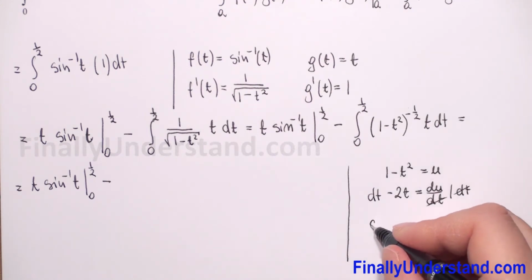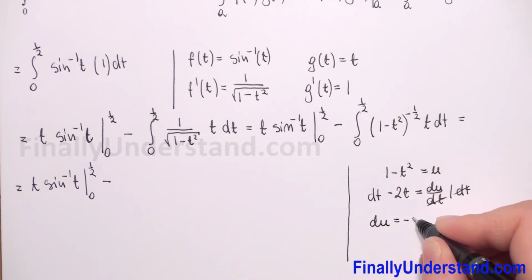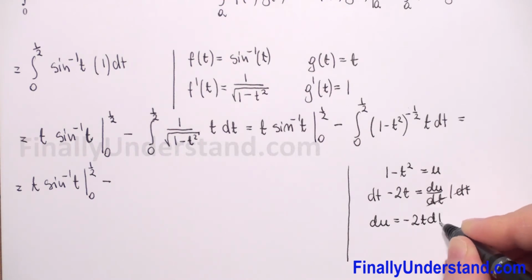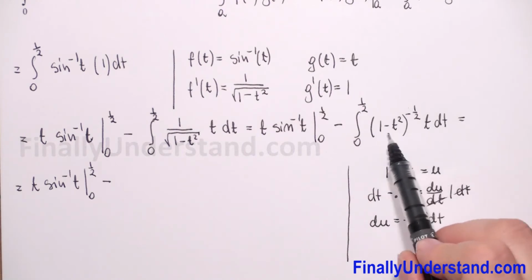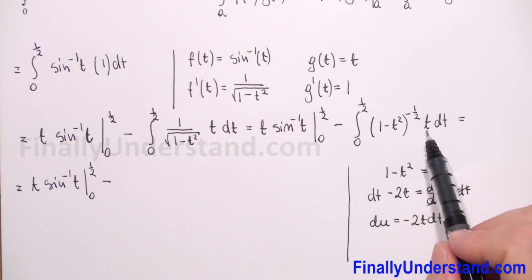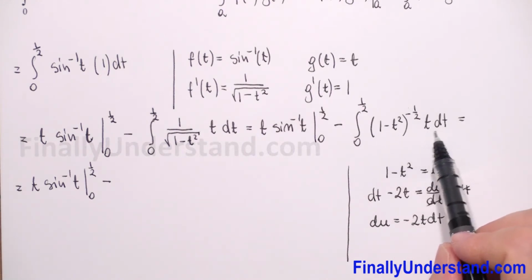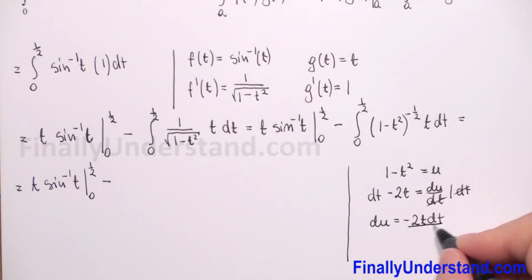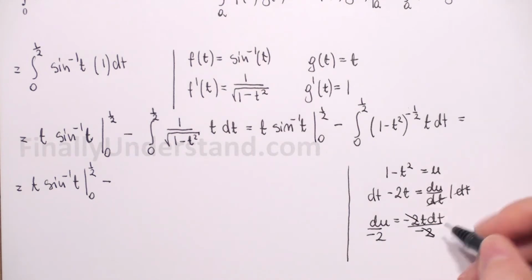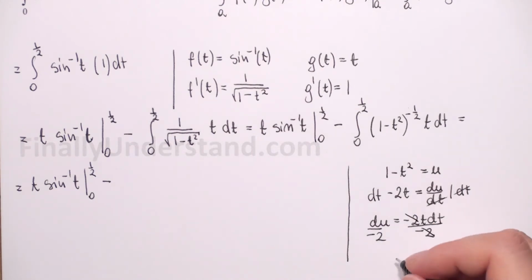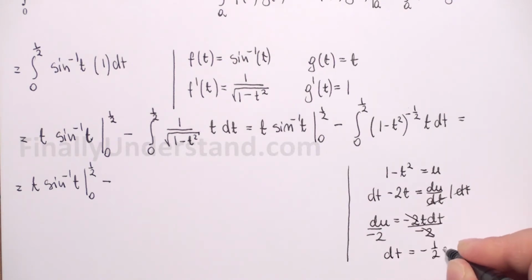So we had that du is equal to negative 2t dt. We have in our integrand only t dt, we don't have negative 2. So now I will divide both sides by negative 2, negative 2 and negative 2 cancel, and we have that t dt is equal to negative 1/2 du.